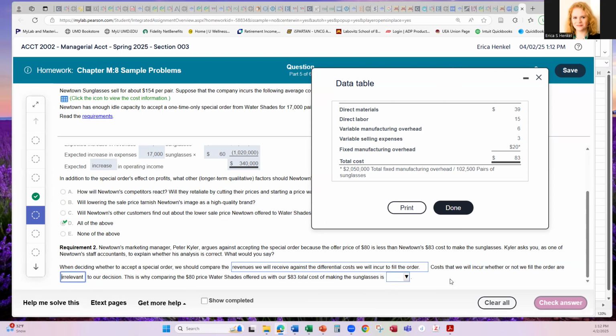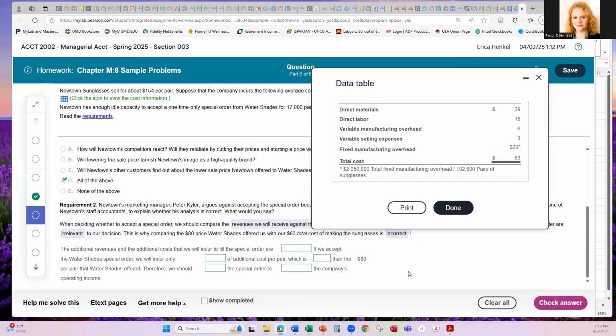So because of this, it's not a correct comparison to compare the $83 full cost, because making it is incorrect. Yeah. Because we only want to consider the things that increase or decrease. So additional revenues and additional costs we would incur to fill the special order are relevant if we accept the special order.